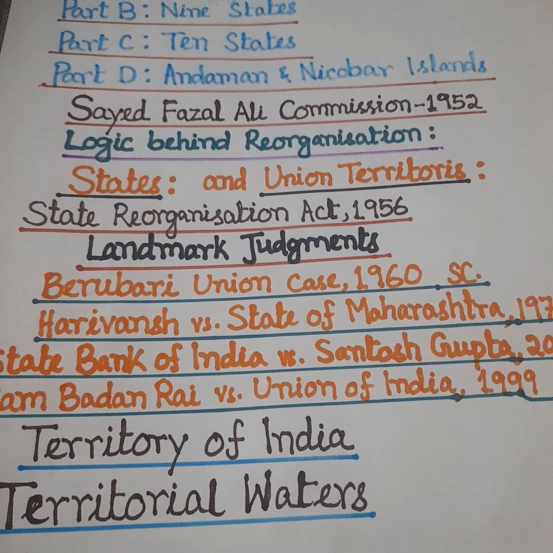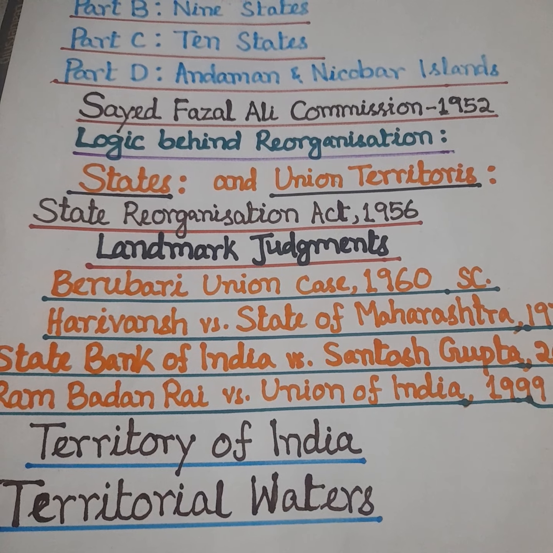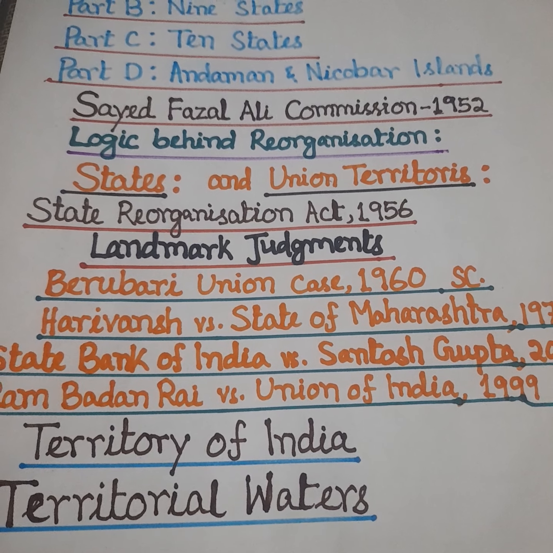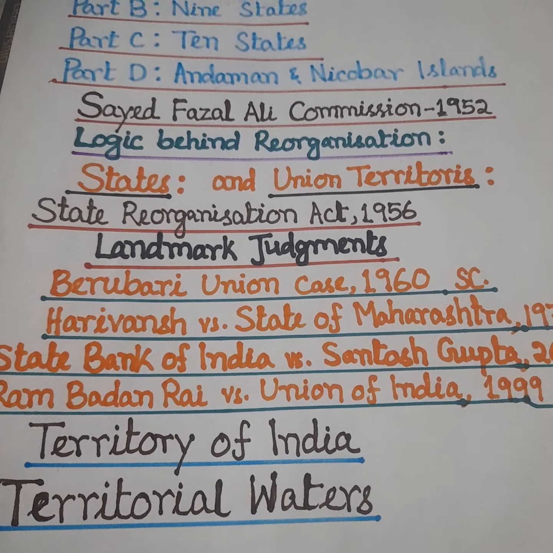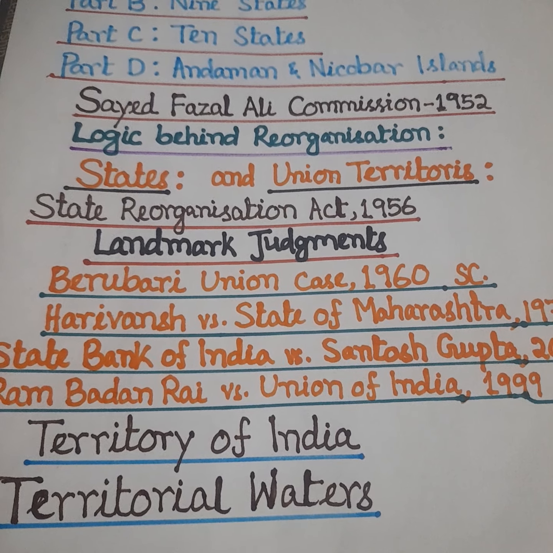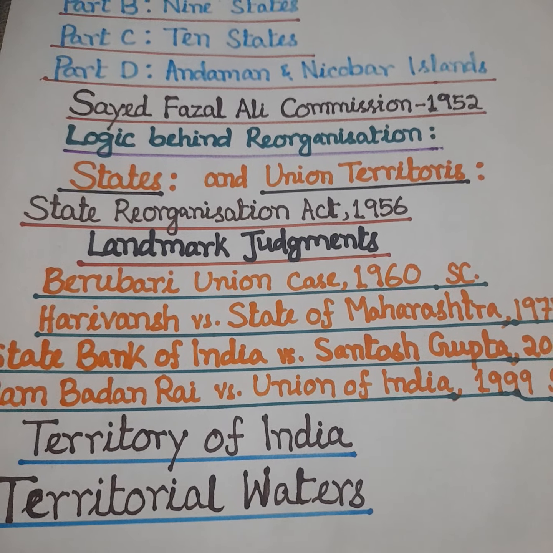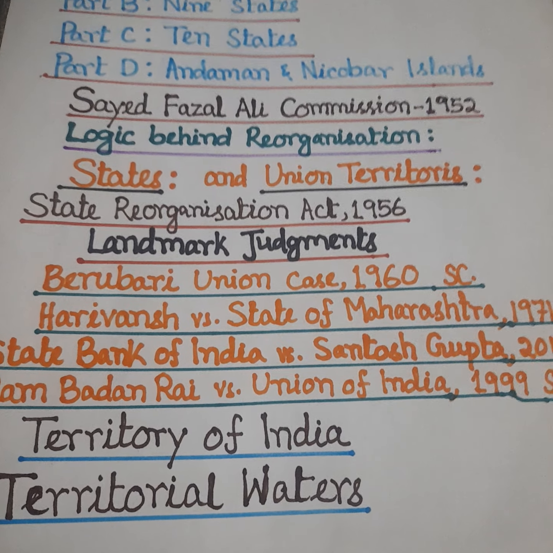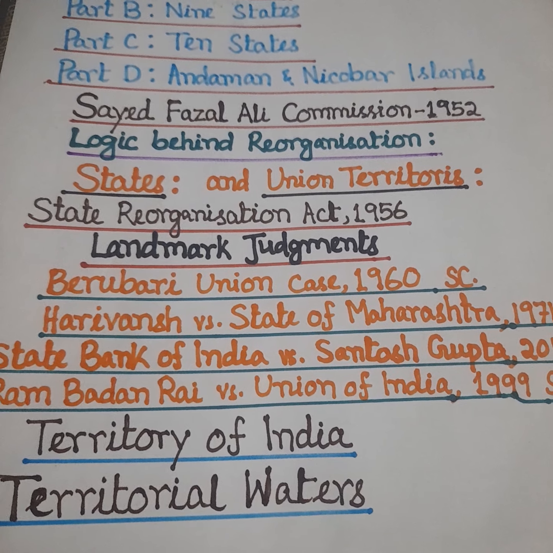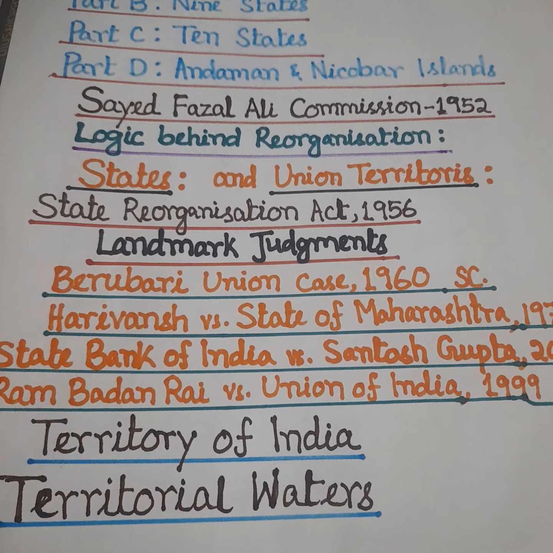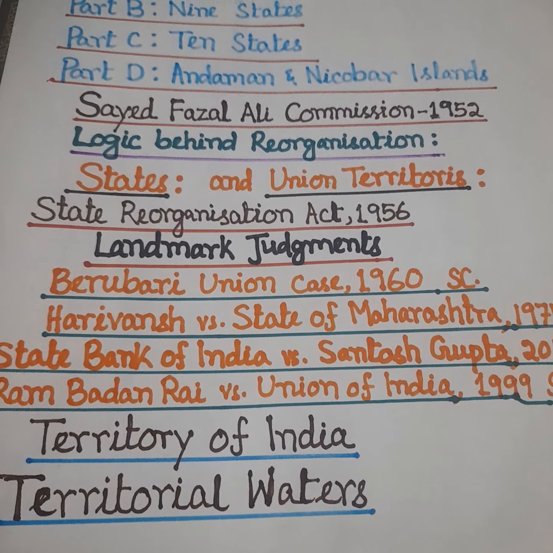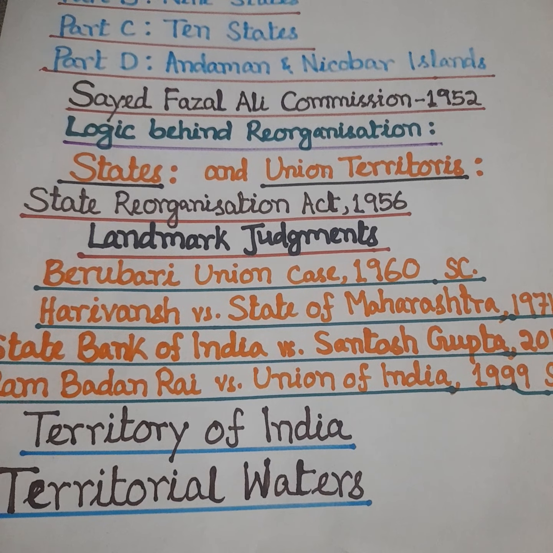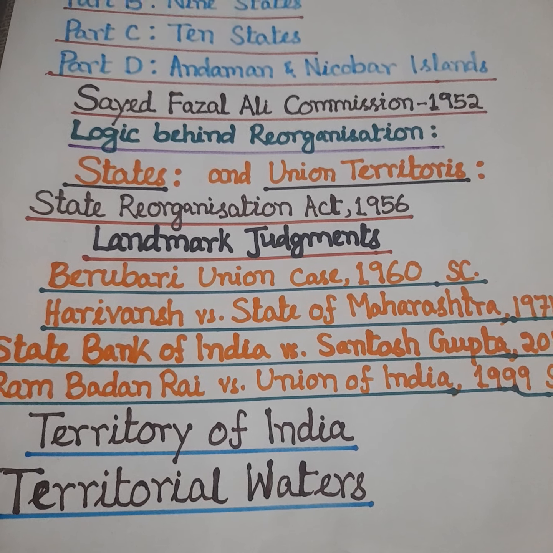The State of Nagaland Act 1962 created the new state of Nagaland, and the Mysore State Act of 1973 changed Mysore to Karnataka. The Madras State Act 1968 made Madras into Tamil Nadu, along with the elevation of union territories to the status of state.